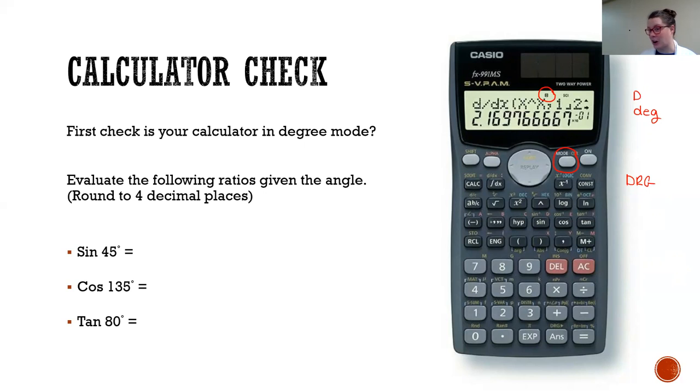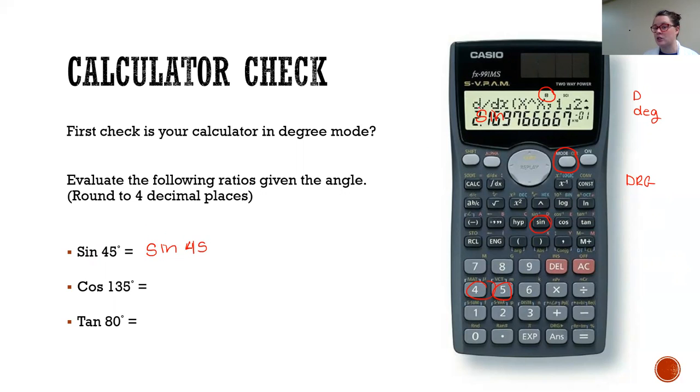So in order to check, are you in degree mode? If you're not sure, the easiest way to check is we're going to evaluate a couple expressions here. Sine of 45. If you're working on a calculator like this one, you will first press the sine button and then key in 45. Your calculator will say sine of 45.